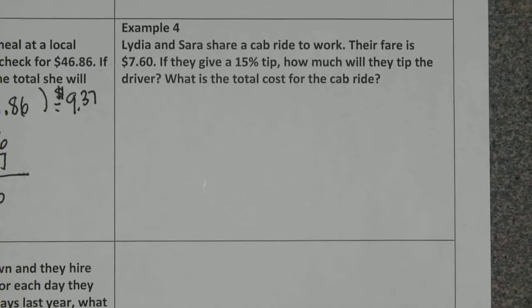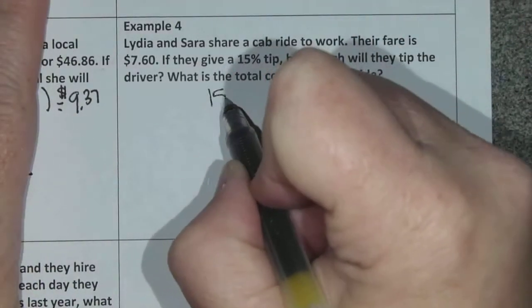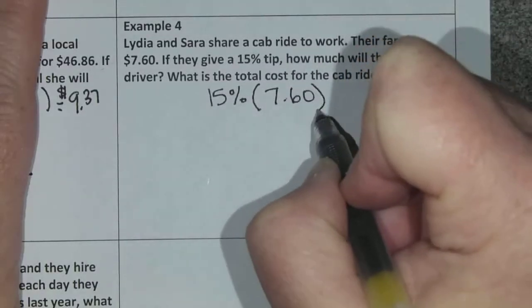Example 4, Lydia and Sarah share a cab ride to work. Their fare is $7.60. If they give a 15% tip, how much will they tip the driver, and how much will the total be for the cab ride? So again, we're going to do a 15% tip. So that's going to be 15% times $7.60.